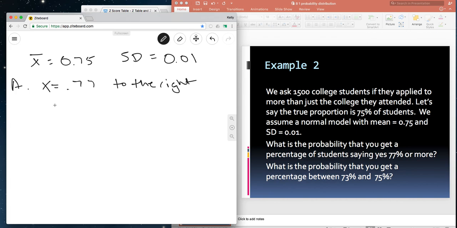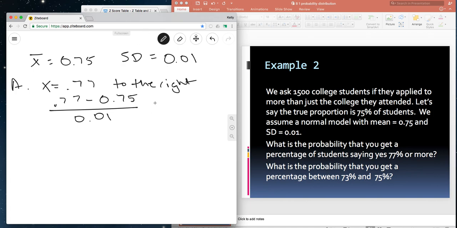Okay? So x minus x bar divided by standard deviation. So 0.77 minus 0.75. And we divide that by 0.01.